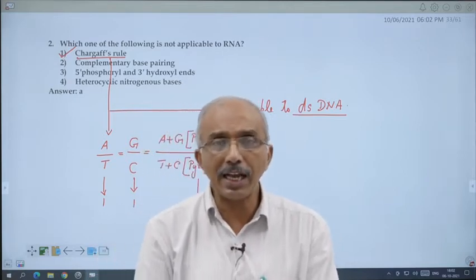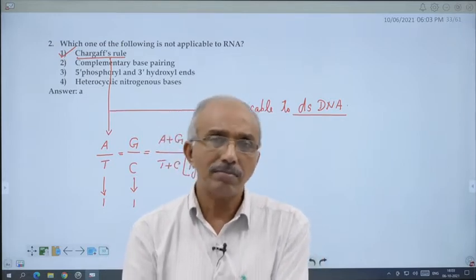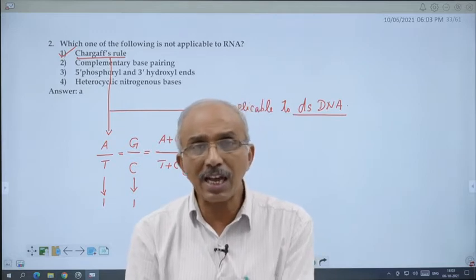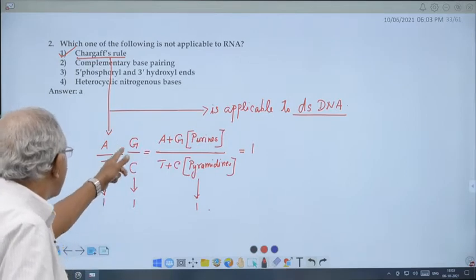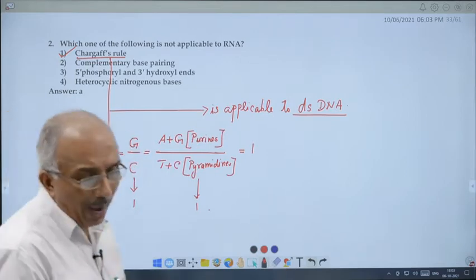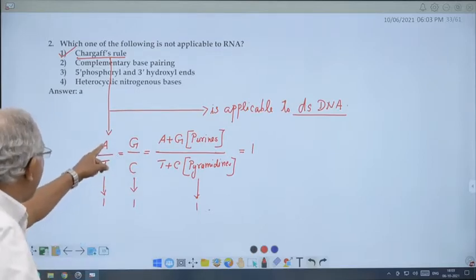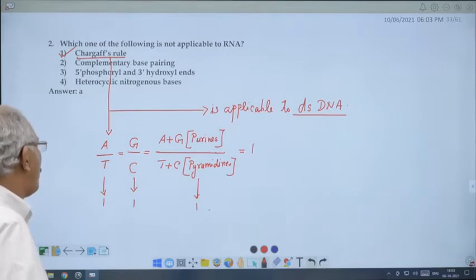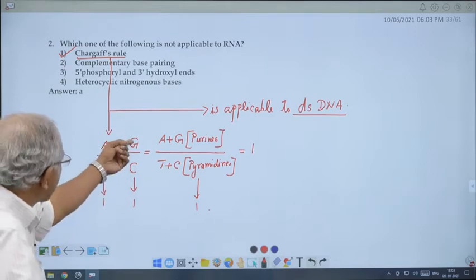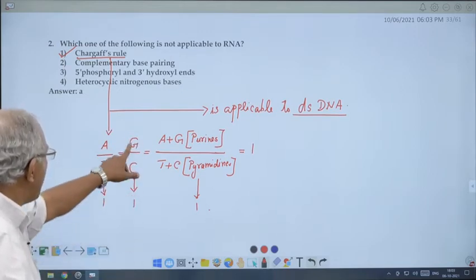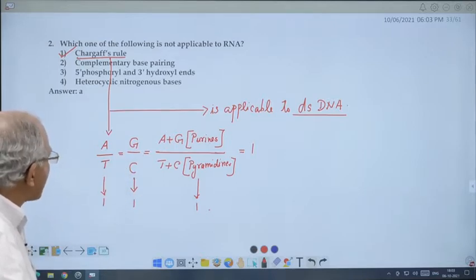But in DNA, there is complementary pairing. Adenine pairs with thymine. Cytosine pairs with guanine. So the number of adenine will be equal to the number of thymine. Guanine pairs with cytosine, so always the number of guanine will be equal to the number of cytosine.